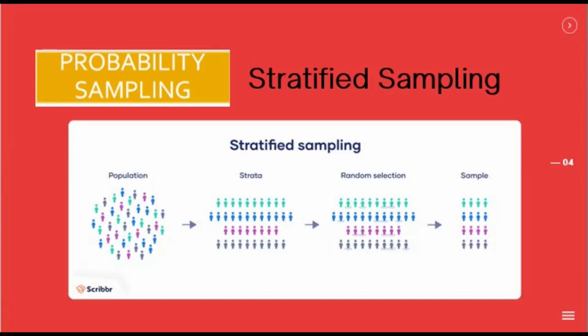So maybe the low income level ranges from 7,000 to 12,000 income per month. So yun, that's how stratified sampling works.